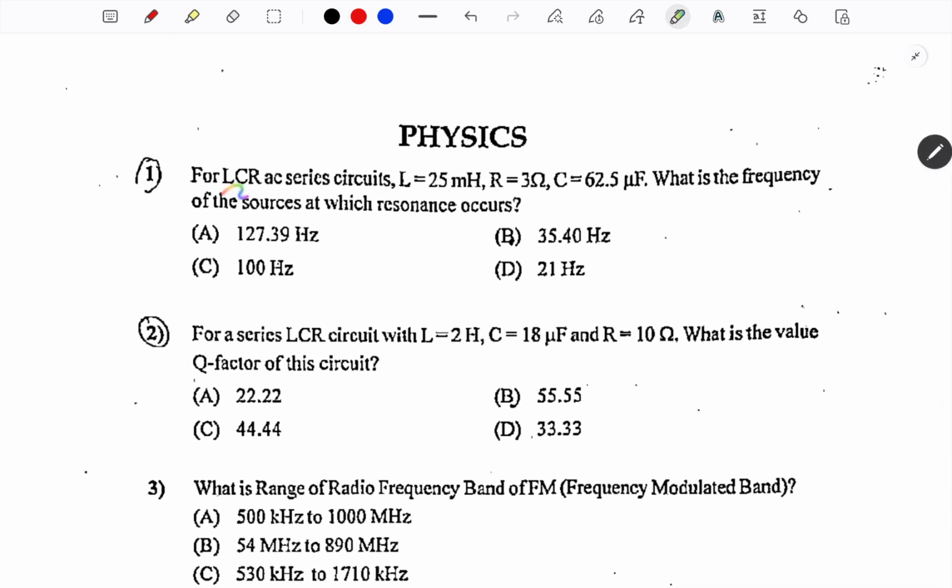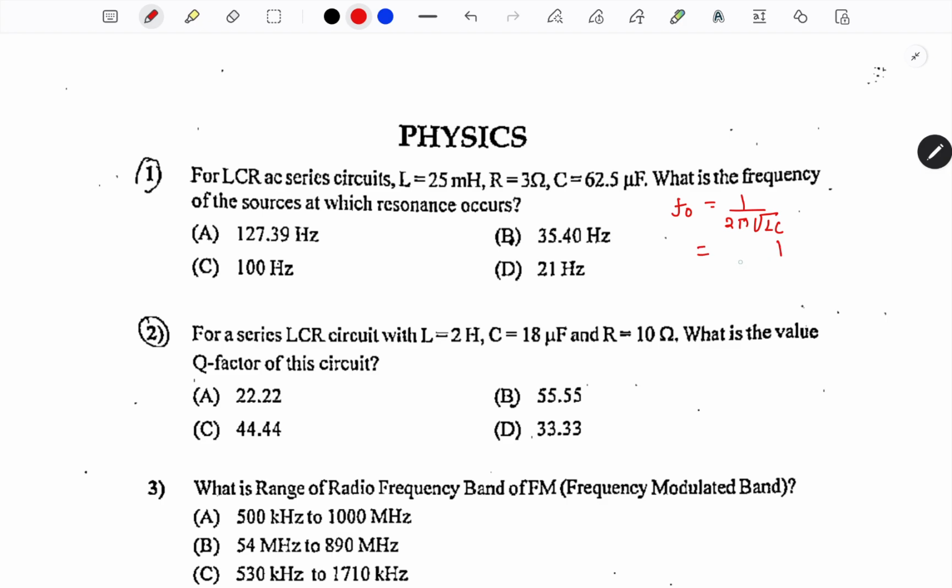What the first question says: for an LCR series circuit, L is equal to 25 millihenry, R is equal to 3 ohm and capacitance is equal to 62.5 microfarad. What is the frequency of the source at which resonance occurs? Okay, so we know that for resonance, f is equal to 1 upon 2 pi under root LC.